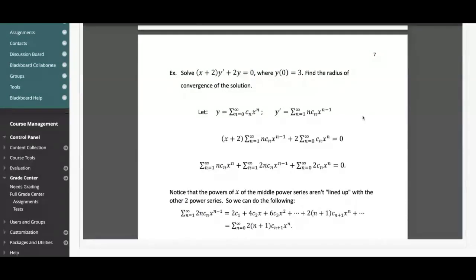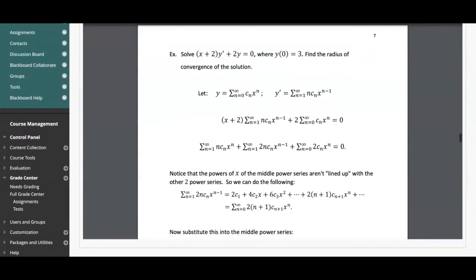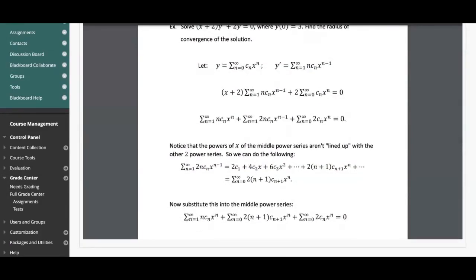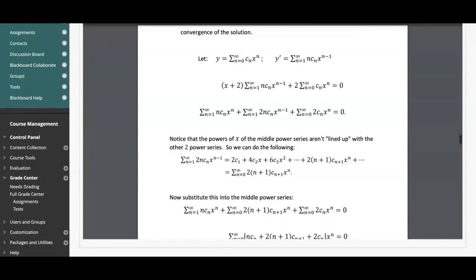So what I did is I changed what I had, which was 1 minus x factored by the sum going from 1 to infinity of cn x to the n minus 1. The only one that changed is the one which has the x exponent n minus 1, so it can go from 0.